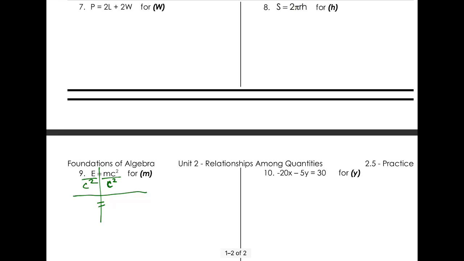Once we do that, that cancels out, which gives us our m, which we're going for, by itself. And you have E over c squared. Sometimes things look harder than they are when they're really not that hard at all. We did one thing there, which was divide by c squared.